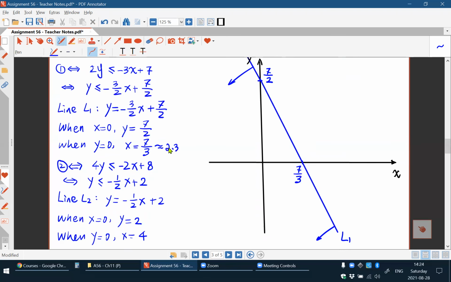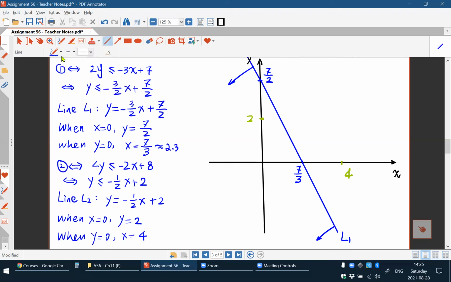Second line. Let's use another color. It passes 2 points, 0, 2, so suppose 0, 2 is here, and 4, 0, let's suppose it's here. 4 must be greater than 7 over 3.